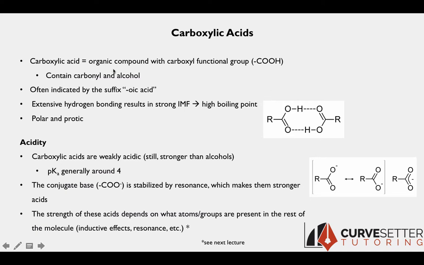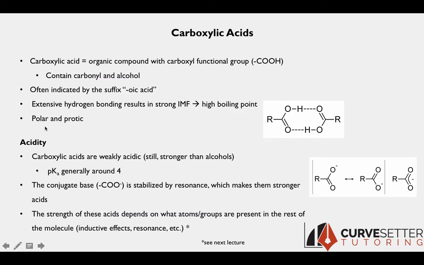They're often named with the suffix -oic acid, such as propanoic acid, butanoic acid, etc. Because they have a carbonyl, which has an oxygen that can accept 2 hydrogen bonds, and they have an OH, so they have oxygen in the alcohol as a hydrogen bond acceptor, and then the hydrogen of the alcohol as a hydrogen bond donor, they have extensive hydrogen bonding. And that results in strong intermolecular forces for compounds that are composed of carboxylic acids, and that affects properties such as boiling point.